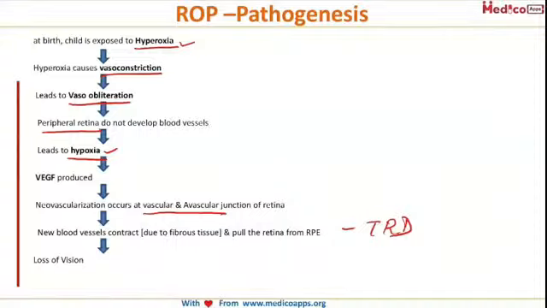Now, is this clear? The hyperoxia causes vasoconstriction and obliteration, which hinders the development of new vessels in the peripheral retina, causing hypoxia, which results in neovascularization and ultimately causes tractional detachment and blindness.